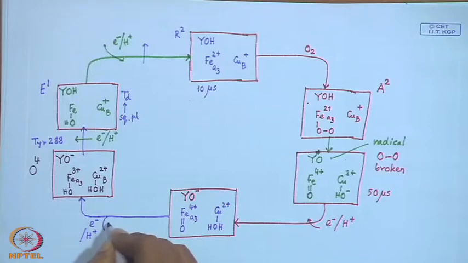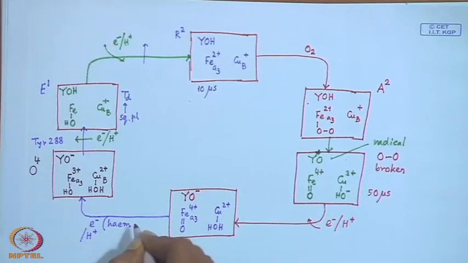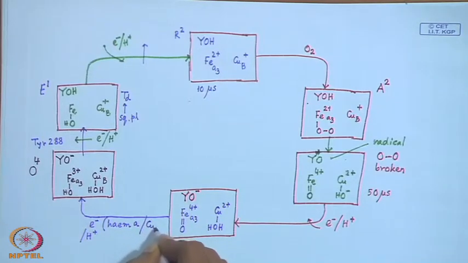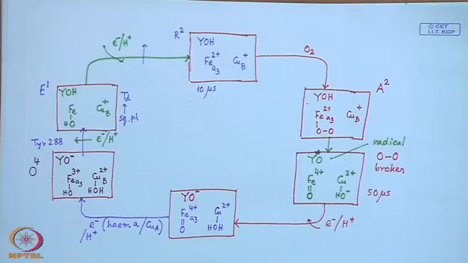These electrons are coming from heme A and copper A. These electrons that we are giving to the system are accepted from heme A. The function of heme A is that it can accept the electron from the left-hand side from cytochrome C, and it can donate that electron at this step.